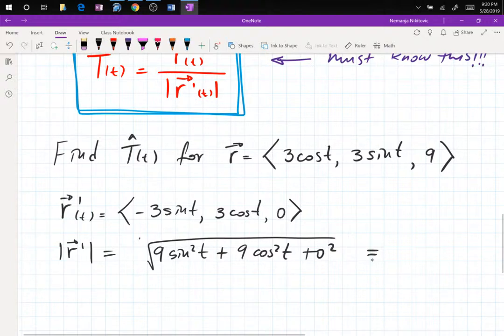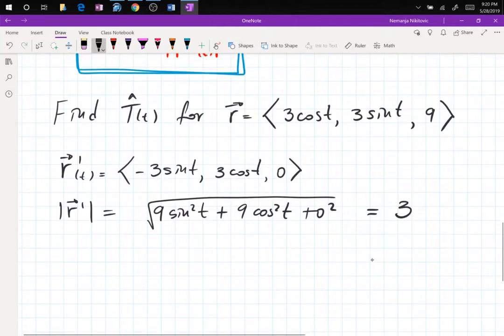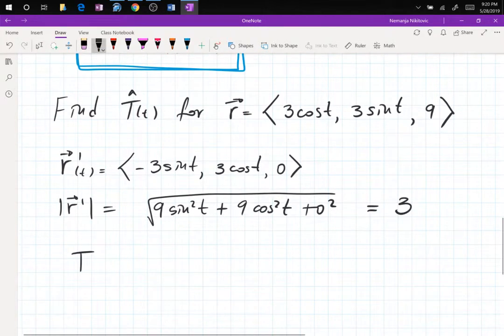You factor out 9, and the square root of 9 is 3. Sine squared plus cosine squared is 1, right? So it's just 3. So T hat, you will be calculating this, and then you will be taking the derivative of that to get to the normal vector eventually.